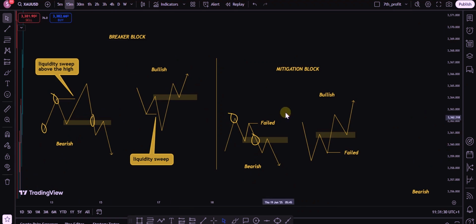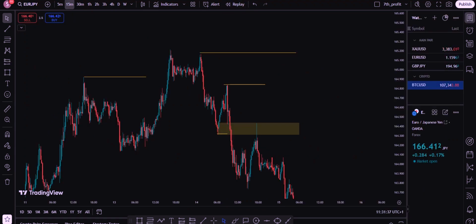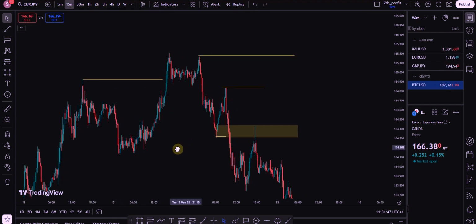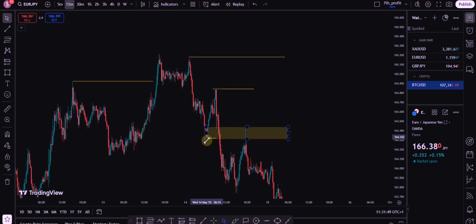Yes. Remember, we are talking about the bearish mitigation block. If you come right here, as you can see, we have a break of structure to the upside, right? Then this particular guy right here failed.